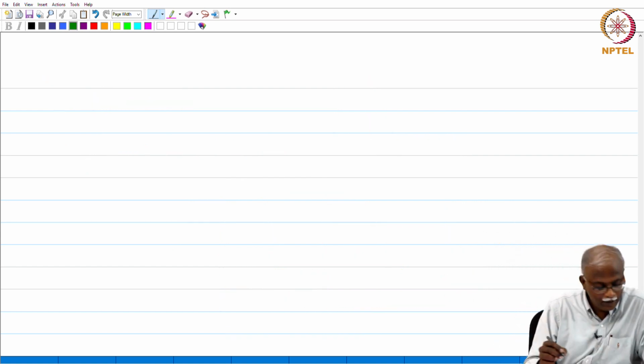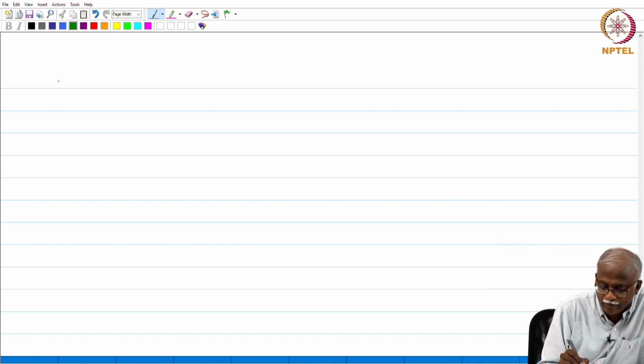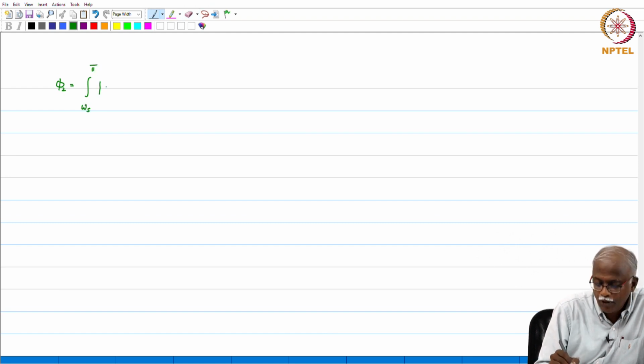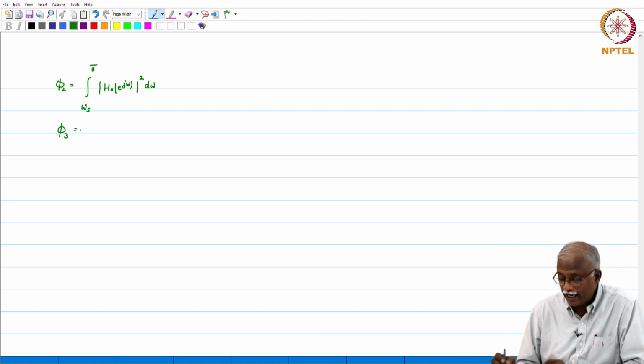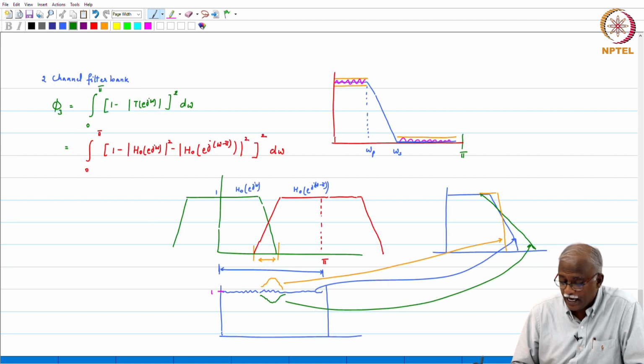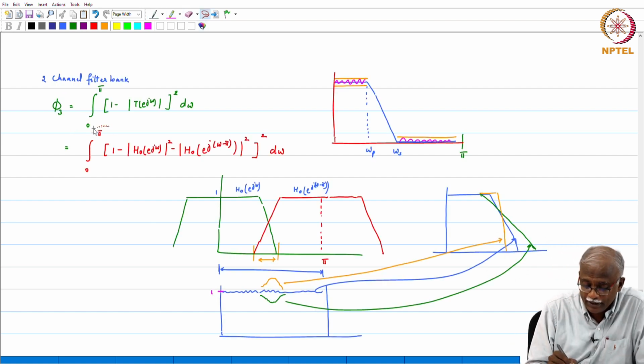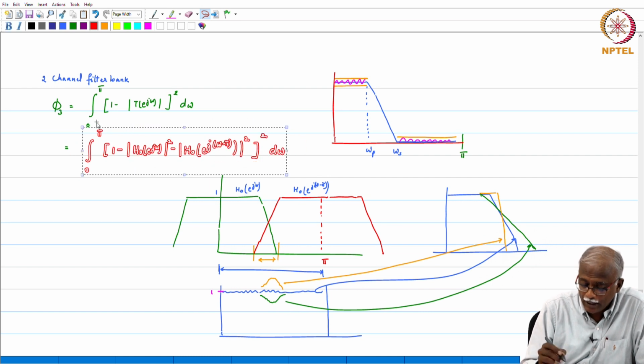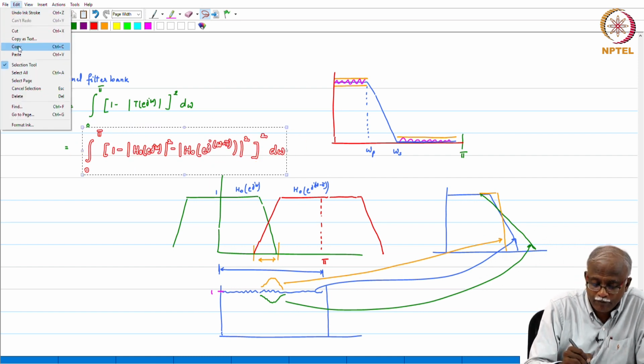So therefore, we now have two constraints. Φ2 is given by the stopband energy, the integral from ω_s to π of the magnitude squared of H naught e^{jω} dω. And Φ3 is the flatness constraint that we have discussed in the last slide, and let me just copy that and capture it in the current slide for completeness.